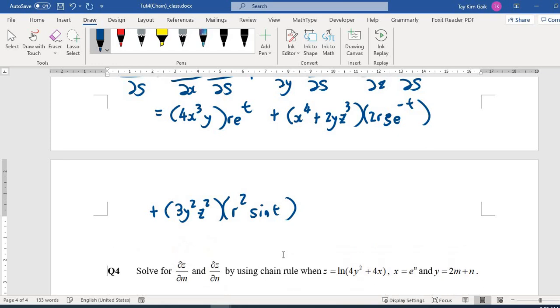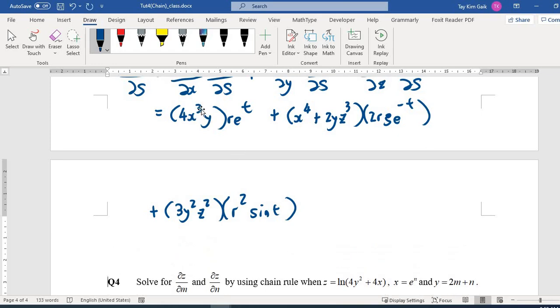If the question didn't request the answer in terms of S, we may leave it like here, 4x cubed y by R exponent T. We give it this form. Good. So any questions for question 3 here?